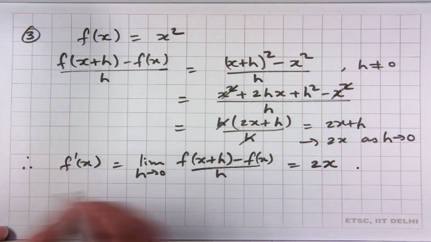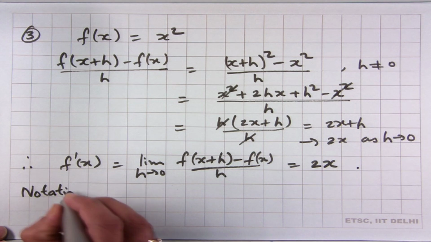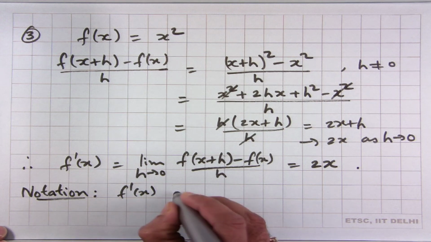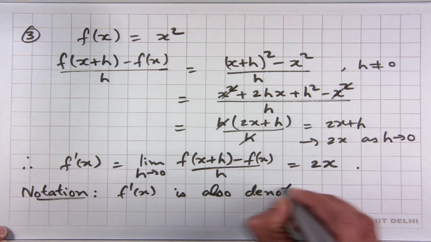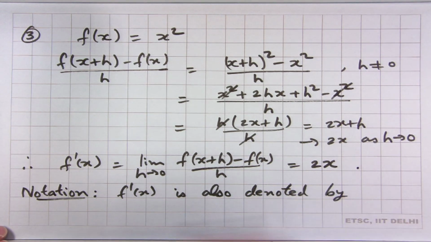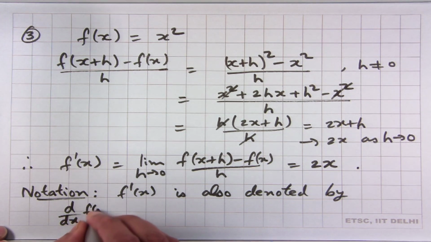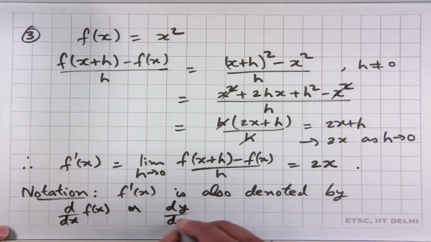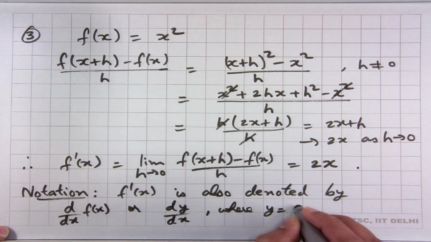So, let me introduce one more notation. This f prime x is also denoted by d by dx of f of x, or dy by dx, where y is equal to f of x.